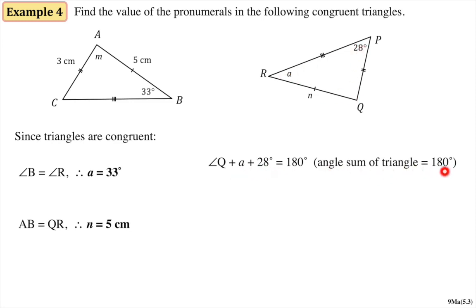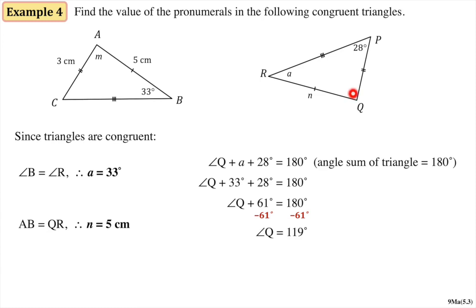Why do I know that? Because the angle sum of a triangle is 180 degrees. I'm going to minus 28 to both sides. Oh, hang on, before I do that, I know what A is. A is 33. 33 plus 28 is 61. Let's now minus 61 from both sides.